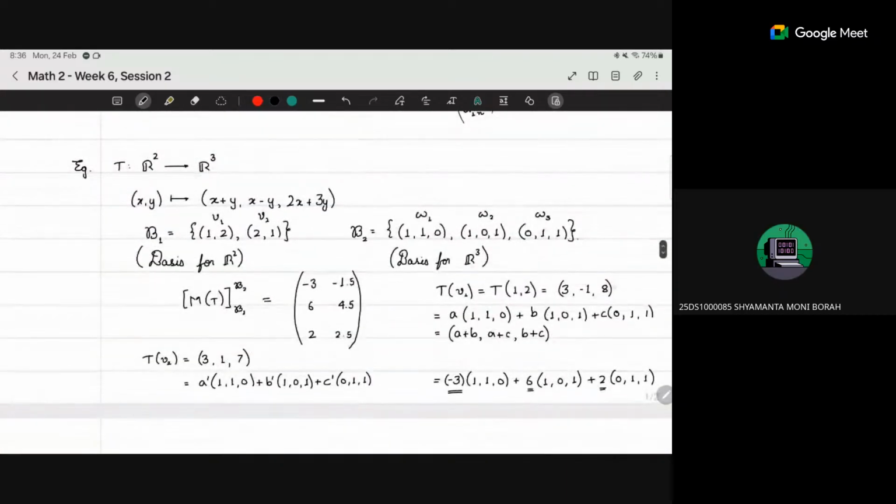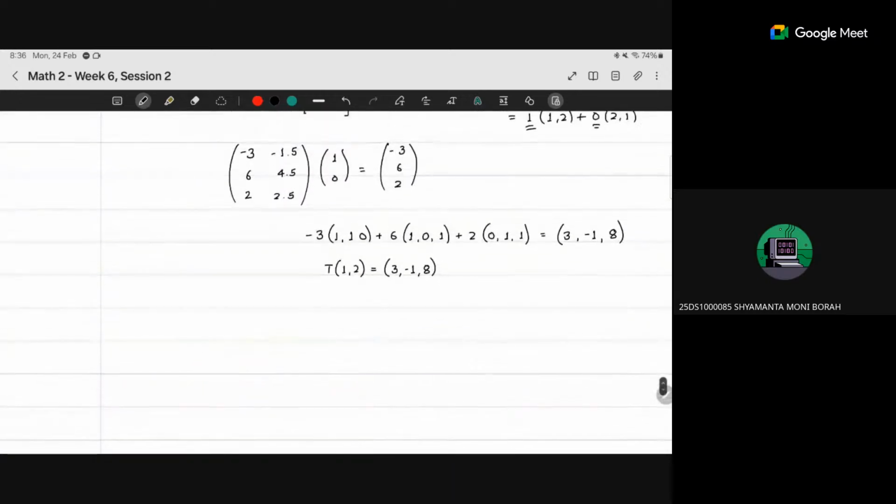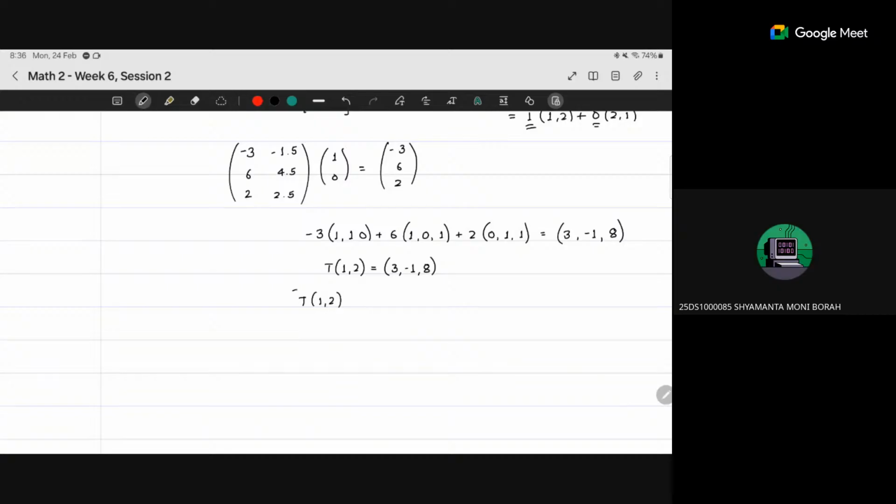We did verify over here that it is 3 minus 1, 8. So this T of 1, 2, the coordinate vector of T of 1, 2 in beta 2, is the same as the matrix of T in beta 1, beta 2 times the coefficient vector of 1, 2 in the basis beta 1.